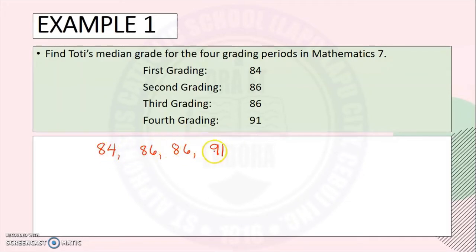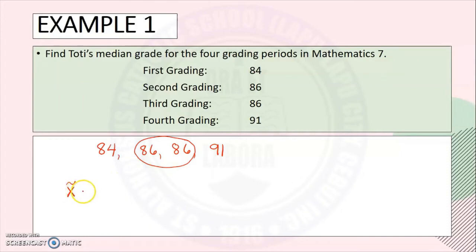It is in ascending order. Now, we have here two middle values, 86 and 86. If there are two middle values, we need to add the two middle values and divide it by 2. So this will become the median.